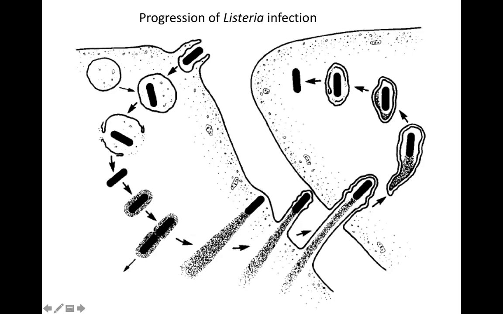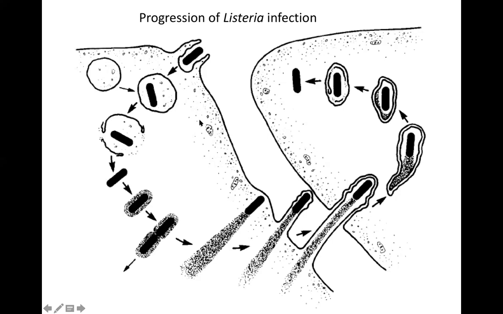In fact, if you delete the gene for hemolysin, you get up to here, but you can't get further transmission because it can't get out of the phagosome, and eventually the bug will be killed by fusion with lysosomes.